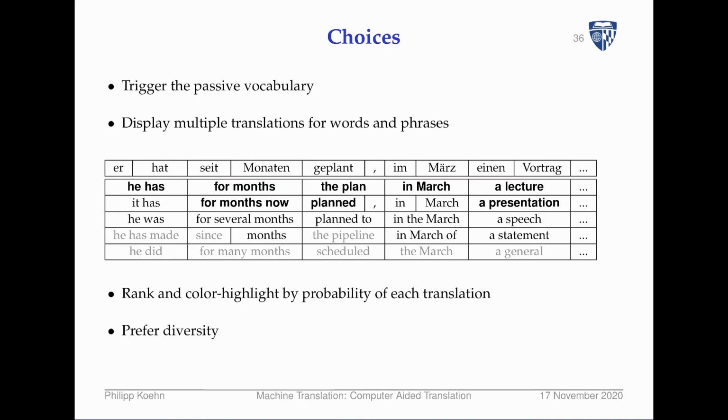What's done also in this tool is that the more probable translations, like here a lecture, are shown in a bolder or brighter color than the less likely translations. They're also ranked and color highlighted by the probability of each translation.